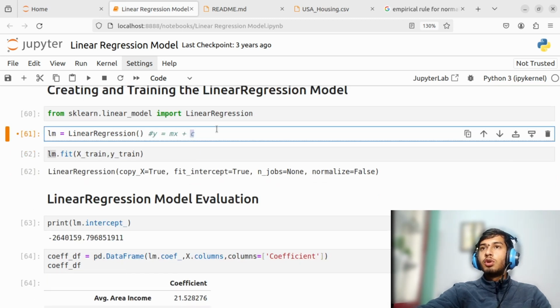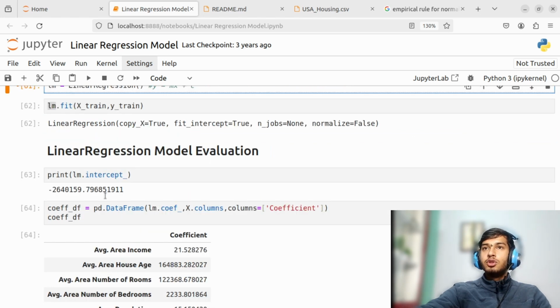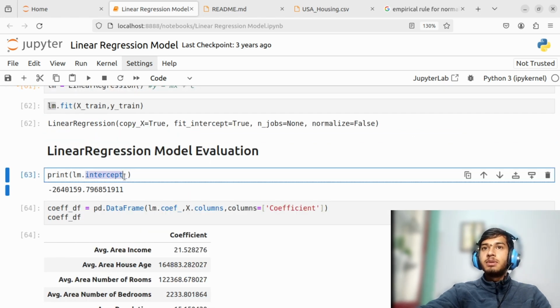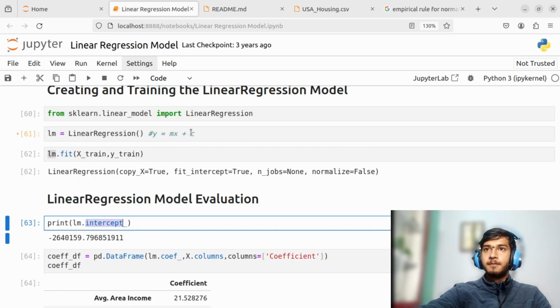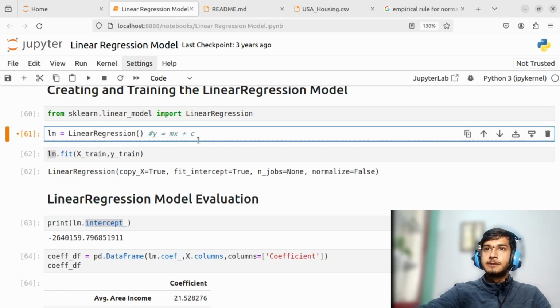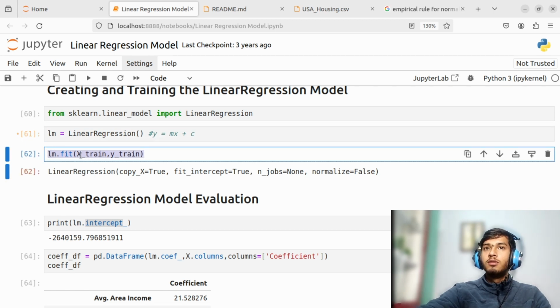Your machine learning model's job was to find the values of m and c, right? So using this dot intercept, you may see what the value of c is, what this intercept value is, after fitting the data to this model. Okay, so we have got this lm. This is basically your model now.